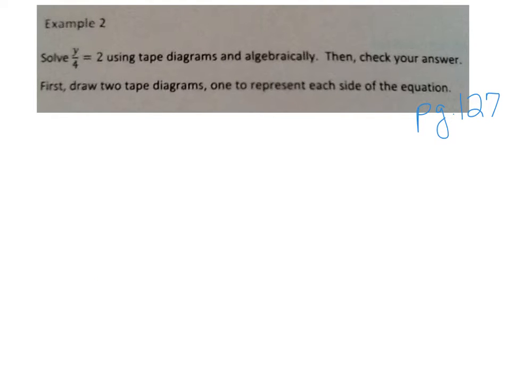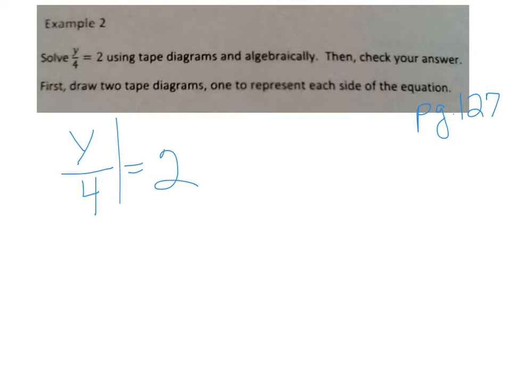Now let's take a look at an example involving division. Our problem says to solve y divided by 4 equals 2 using the tape diagram and algebraically, then we're going to check our answers. I'm going to show it to you algebraically first, and then we'll do the tape diagram. So we have y divided by 4 equals 2. We know that the inverse, or the opposite, of division is multiplication.